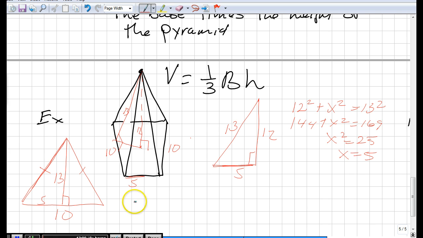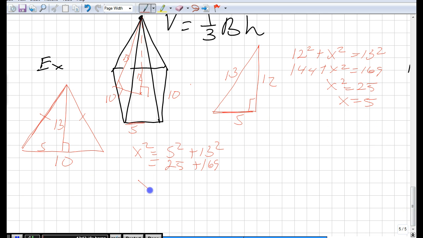So x squared is going to have to equal 5 squared plus 13 squared, which is 25 plus 169, so x squared equals 194, and taking the square root, x equals the square root of 194. So each one of these lateral edges is the square root of 194.